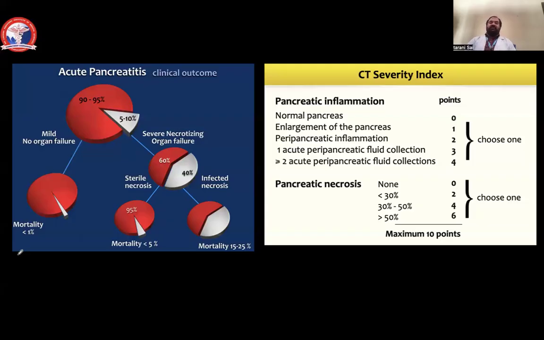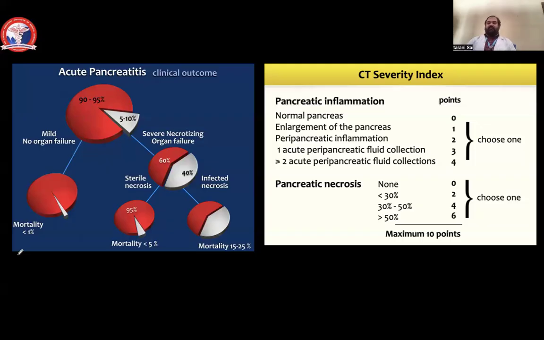In pancreatic inflammation, the subpoints are normal pancreas, enlargement of pancreas, peripancreatic inflammation, one acute pancreatic fluid collection, and more than or equal to two acute pancreatic fluid collections, and they are given the grade 0, 1, 2, 3, 4. Pancreatic necrosis, none, less than 30%, 30% to 50%, more than 50%, is given the score 0, 2, 4, 6, maximum 10 points.